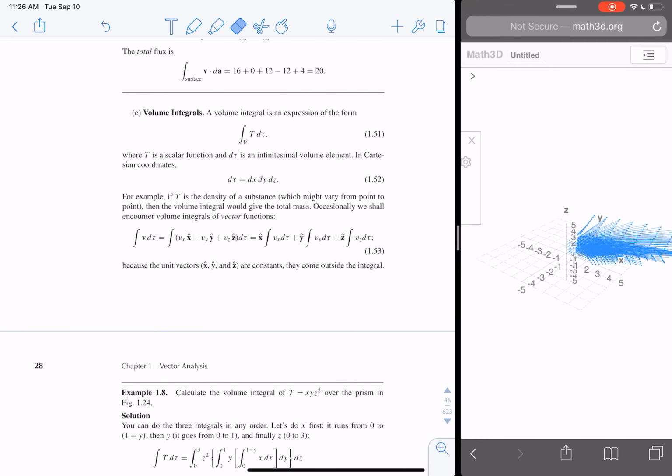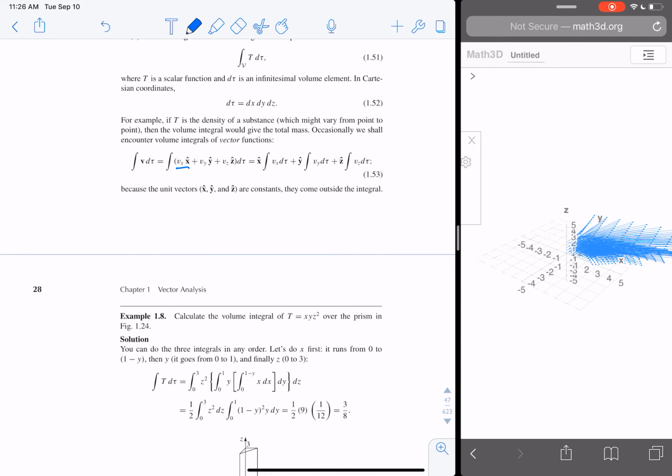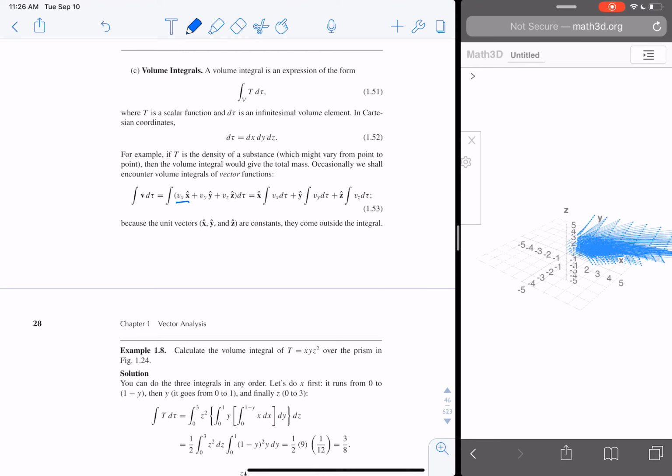So if, for example, T is the density of a substance, then you integrate it over the volume. I don't know what he's referring to as this little v here. But anyway, that's your vector function, the x component, the y component, the z component dotted into d tau.